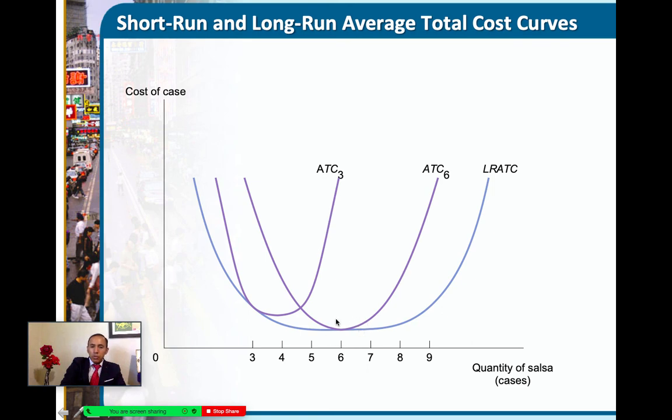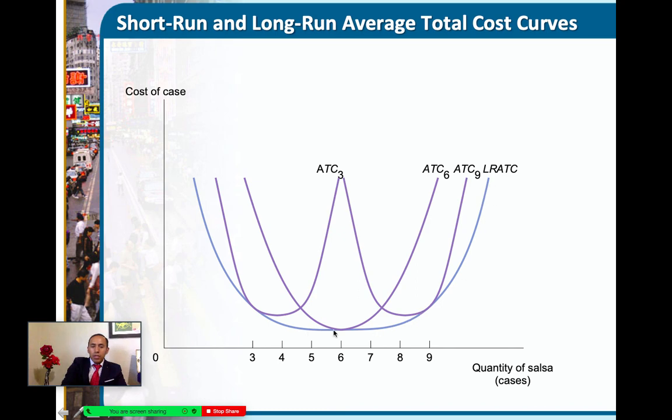It should always produce simultaneously on its average total cost for 6 units and the average total cost for 6 units in the long run. If it wants to produce more units, such as 9, for example, it can produce 9 units today on the average total cost curve for 9 units, but it should also be prepared to produce 9 units in the long run as well.